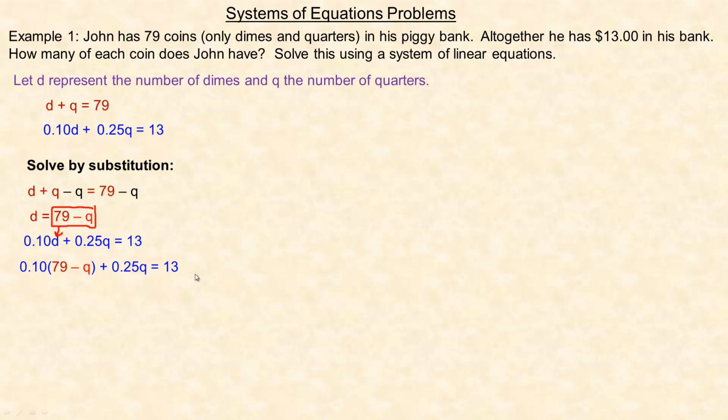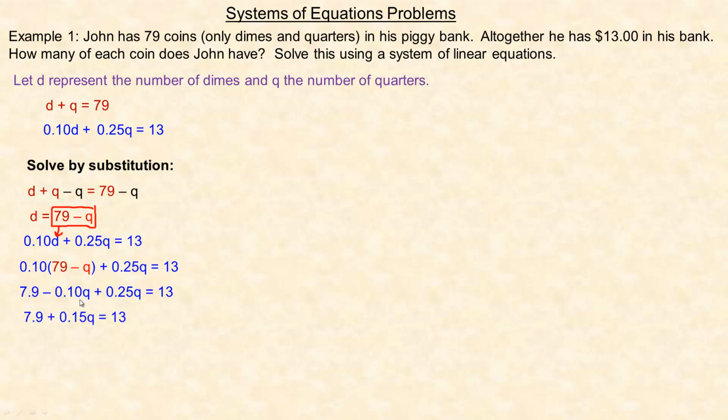Now I have an equation that just has Q's, so I can solve for Q. But before I can do that, I need to distribute this 0.10 into the brackets. So 0.10 times 79 is 7.9, and 0.10 times negative Q is negative 0.10 Q, plus the 0.25 Q equals 13.